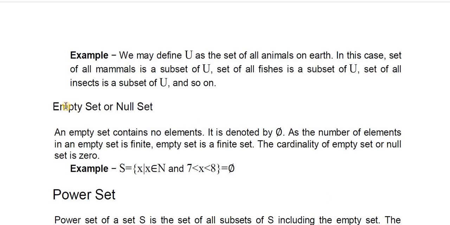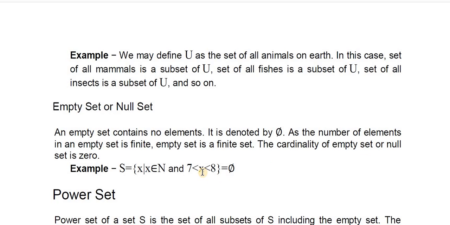Clear? Then empty set or null set. An empty set contains no elements. So it is denoted as phi. So as the number of elements in an empty set is finite, empty set is also a finite set. The cardinality of empty set or null set is 0. Clear?